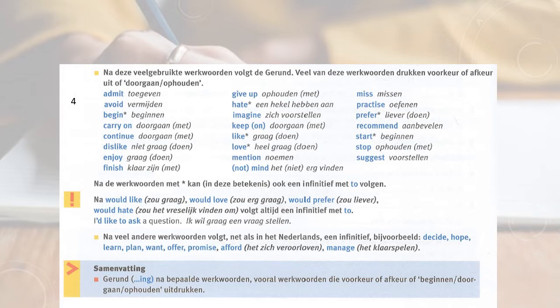En dat betekent dus dat deze werkwoorden ook kunnen gevolgd worden door een infinitief met to. Bijvoorbeeld het werkwoord like. Je kan zeggen I like dancing. Maar je kan bijvoorbeeld ook zeggen I like to dance. En om het verschil te weten wanneer je dus een infinitief of een gerund moet gebruiken, dat zien we verder in deze PowerPoint. Dus dat is voor later.